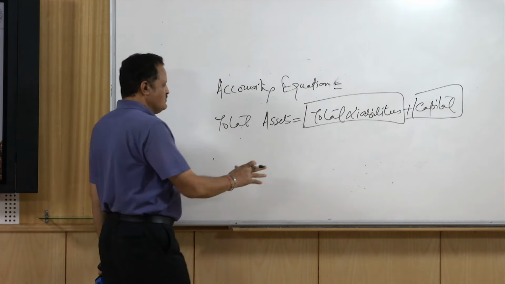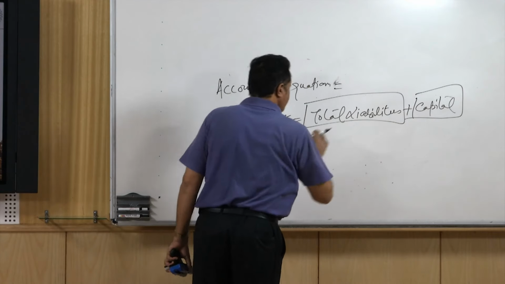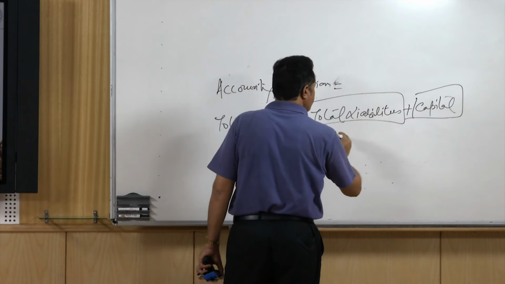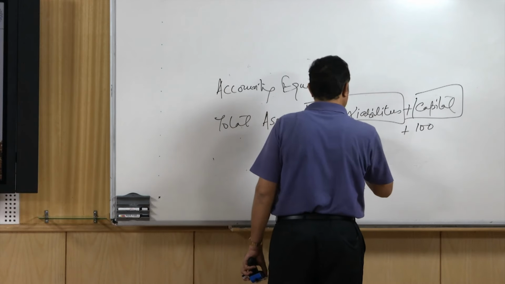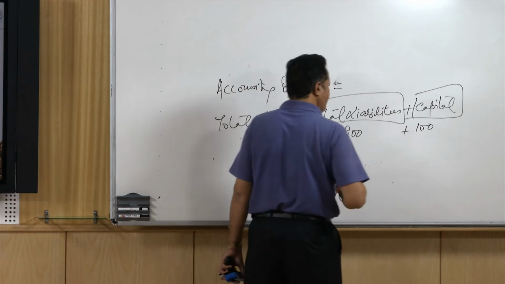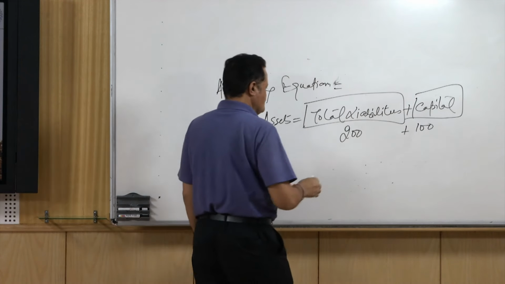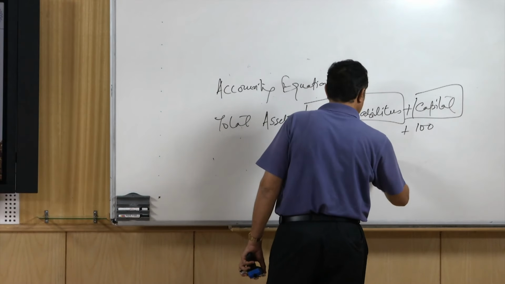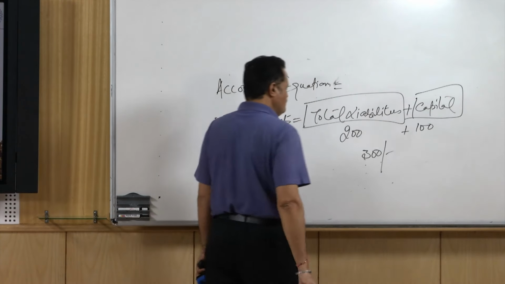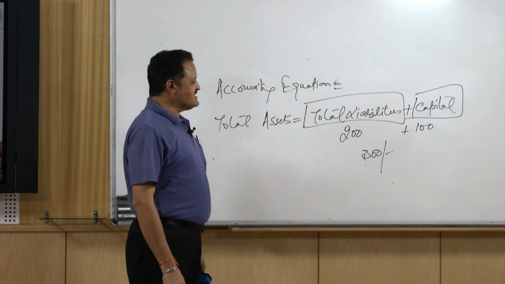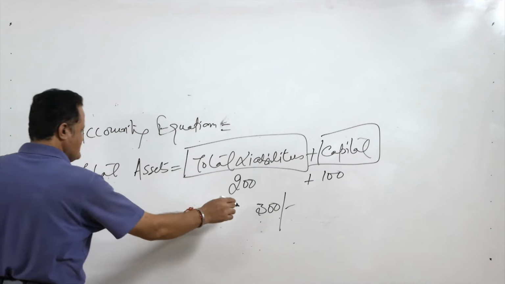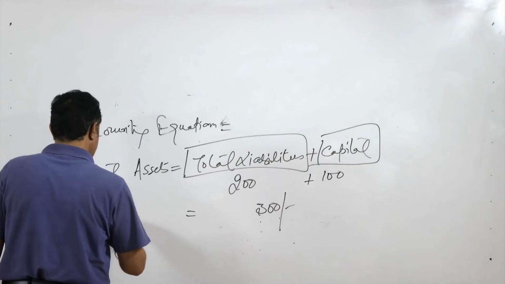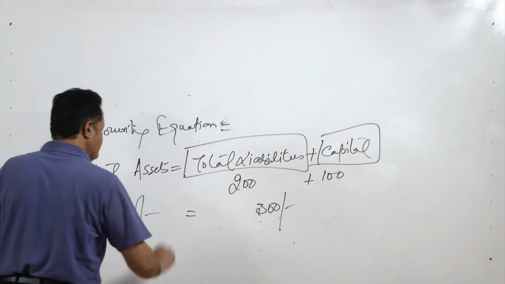So, for example, the total investment we are making: we have our own capital in the business of 100 rupees, and 200 rupees we have borrowed from a bank or financial institution. In that case, I have invested 300 rupees in the business, so I should have properties or assets worth 300 rupees.